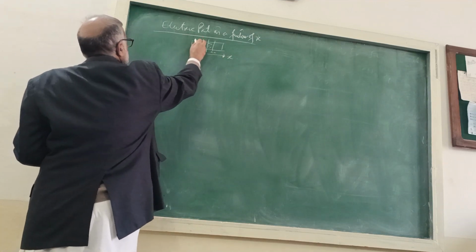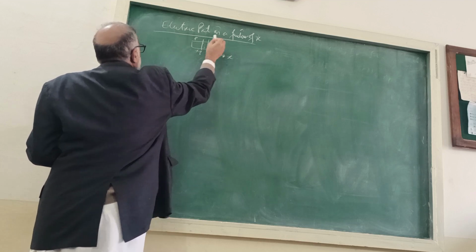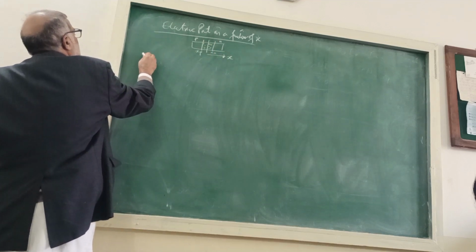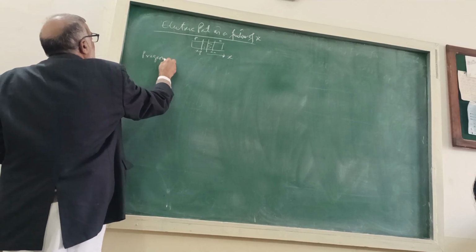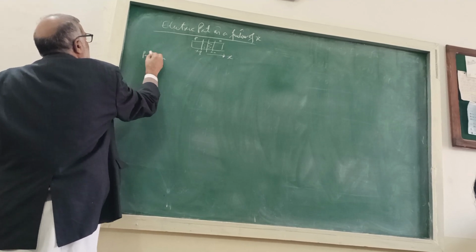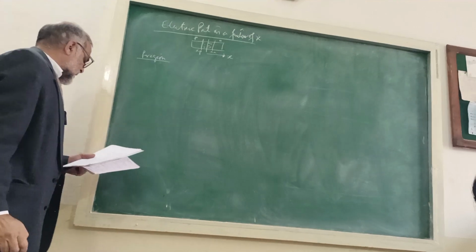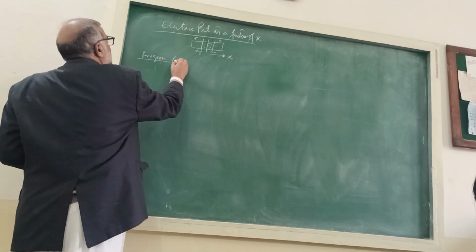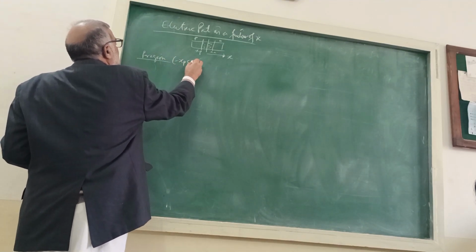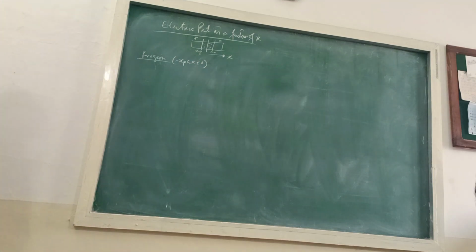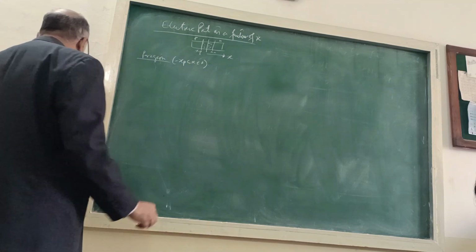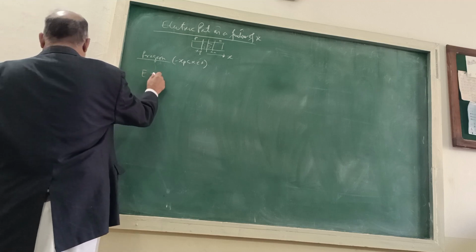So that was the p and that was the n region. Let us talk about the p region. The p region means x varies from minus xp to 0.